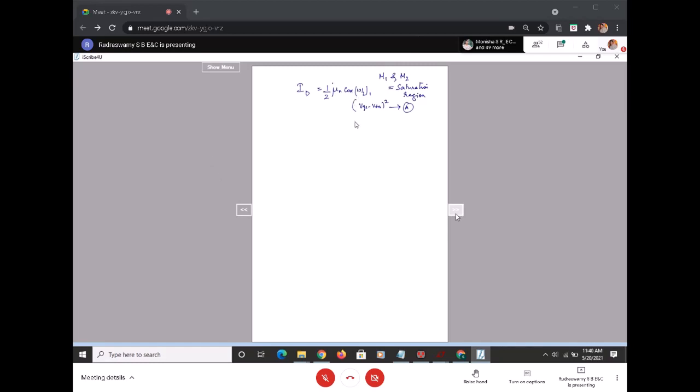Why are we considering saturation? Because both transistors are operating in the saturation region, ensuring that we want the gain to be basically 1.